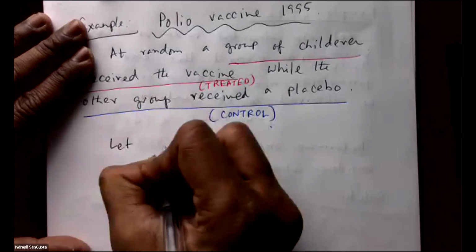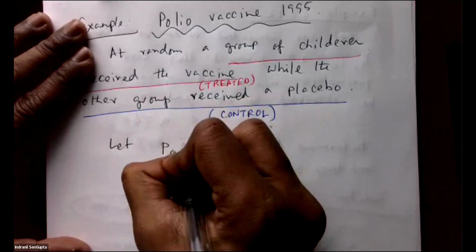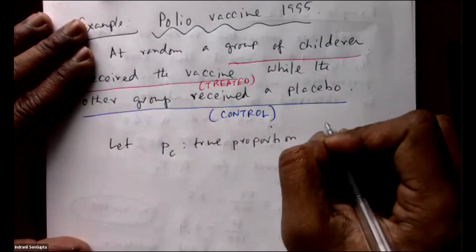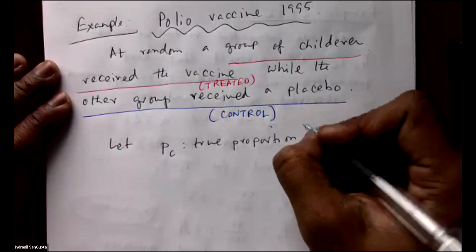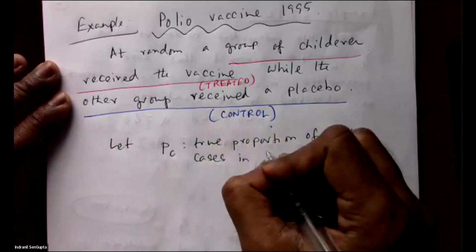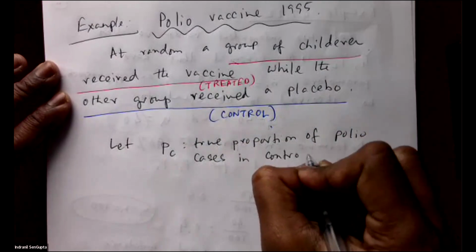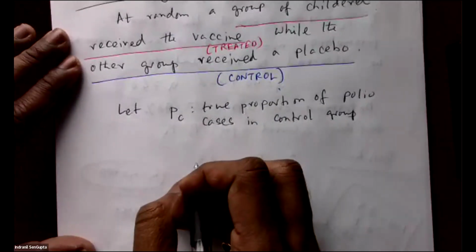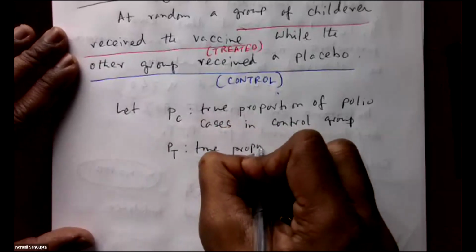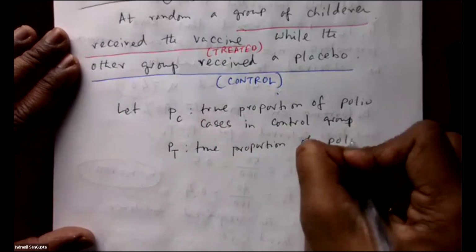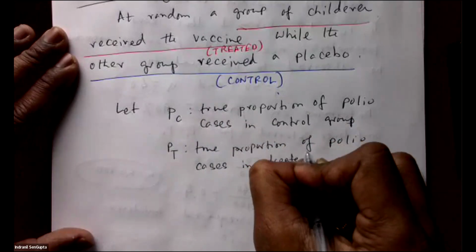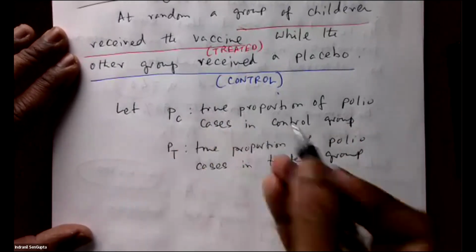So let pC be the true proportion of polio cases in the control group. And then pT is the true proportion of polio cases in the treated group. So T stands for treated, C stands for control.